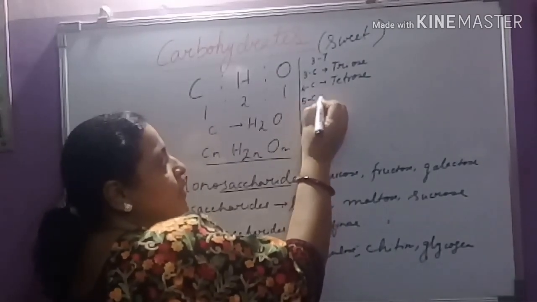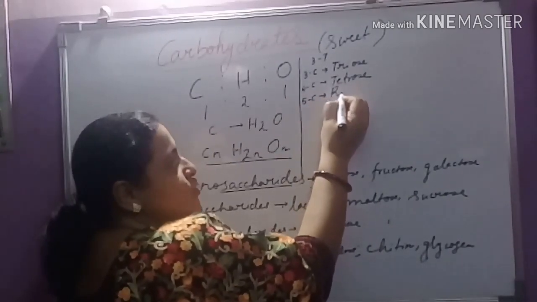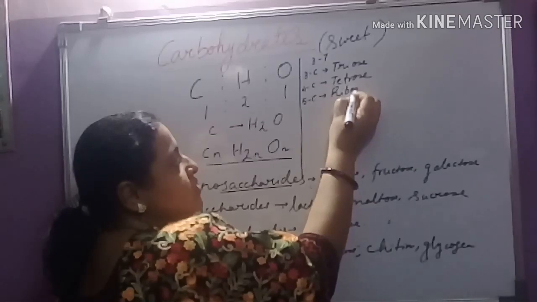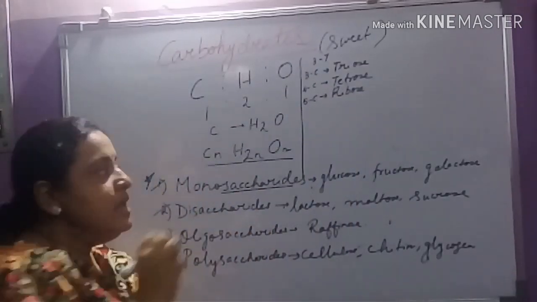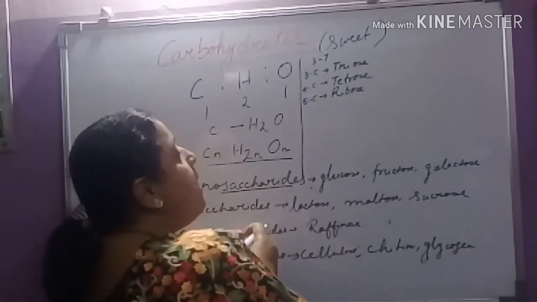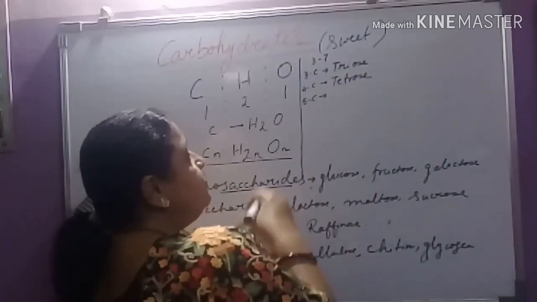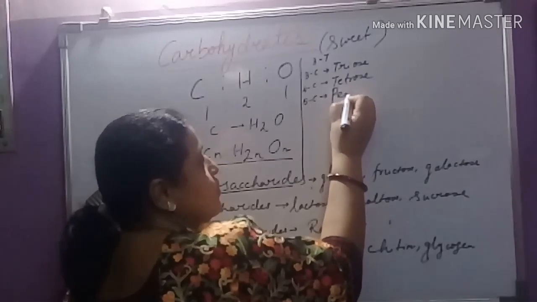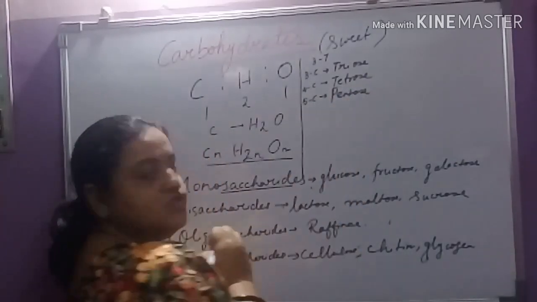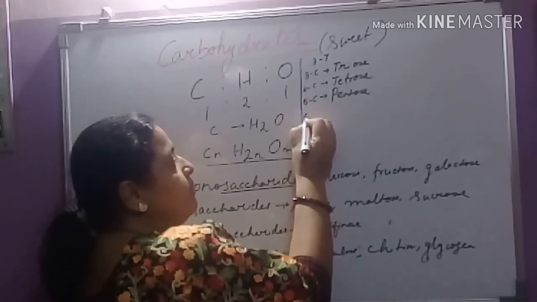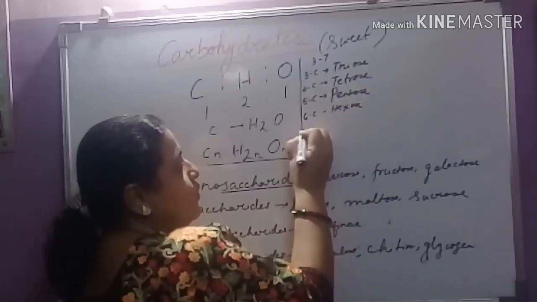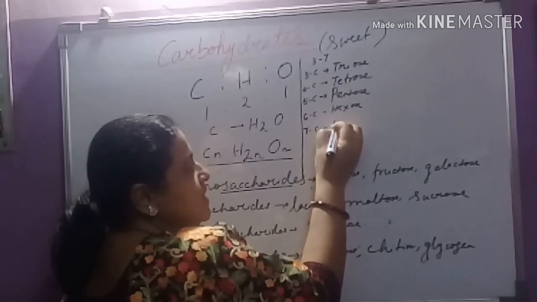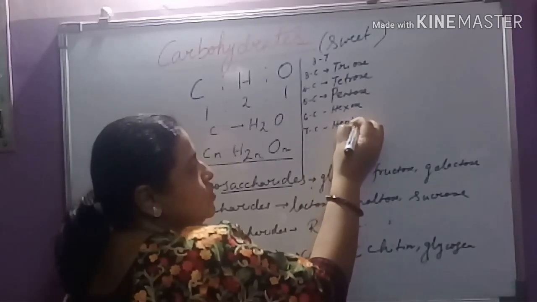When the carbon number is 5, the sugar is known as a pentose sugar. Ribose is an example, and I am going to give the example a little later. When the carbon number is 6, it is known as a hexose sugar. And when the carbon number is 7, it is known as a heptose sugar.